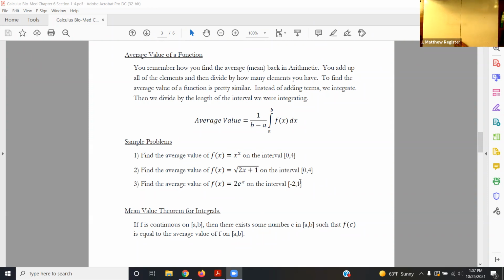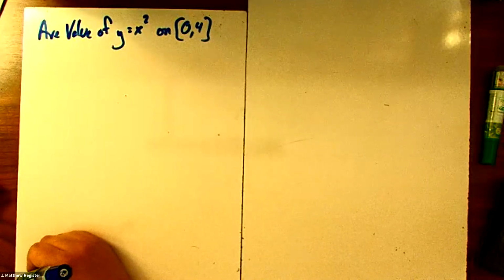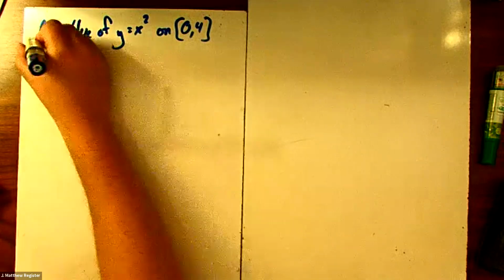And so it says, find the average value of x squared on the interval from 0 to 4. So average value of y equals x squared on 0 to 4.